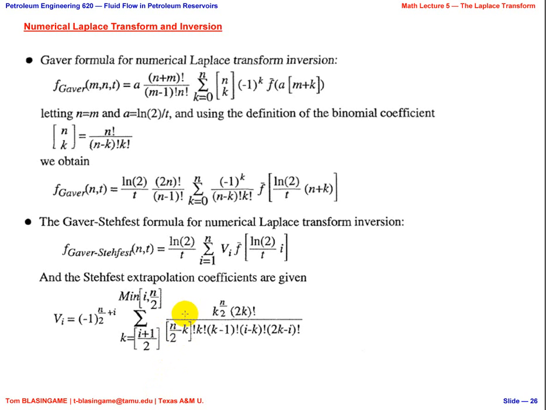It's pretty straightforward to do this using Excel, only the cells of Excel. You don't even need to use Visual Basic inside Excel. You can just do that if you already know these V's.